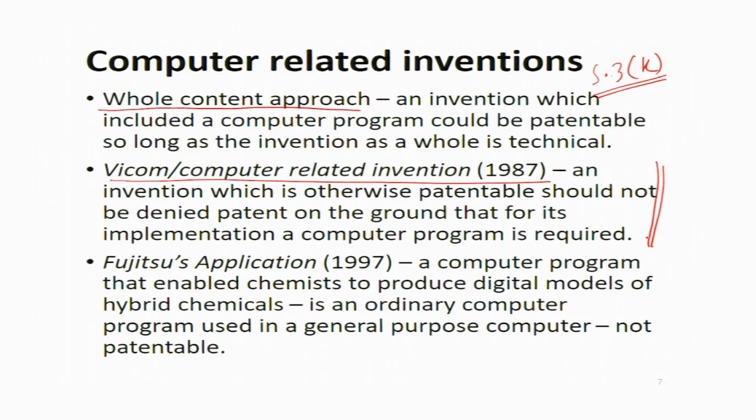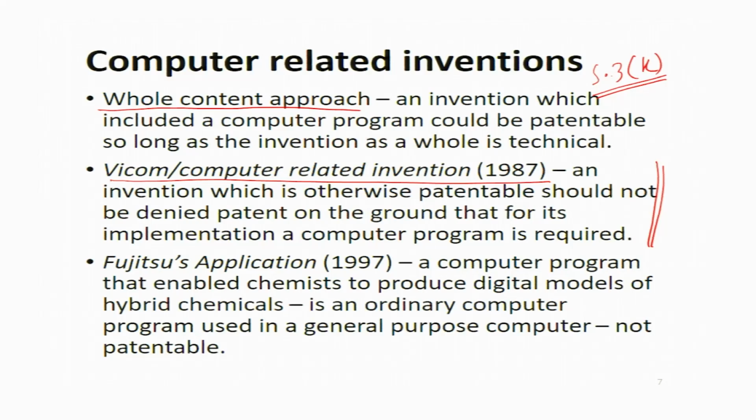An invention which is otherwise patentable cannot be denied patent on the ground that for its working a computer program is required. So, what I am trying to say is, a computer program as such is not getting patent by virtue of whole content approach. The computer program is getting protection by including it in some other invention, as a part of some other invention.